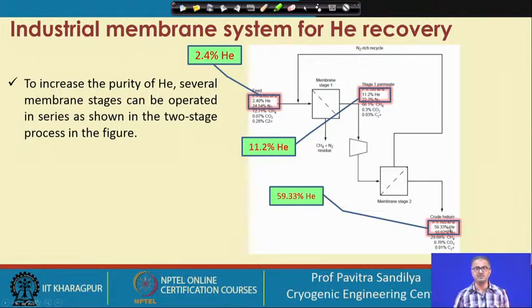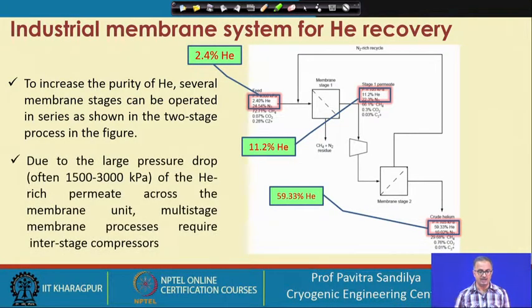So this is a typical representative value of this kind of membrane separation, and due to the large pressure drop of the helium rich permeate, of 1500 to 3000 kilopascal, that means about 15 to about 30 bar, we use multi-stage membrane processes.